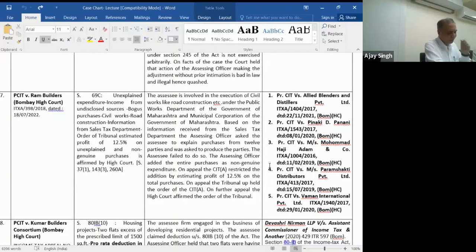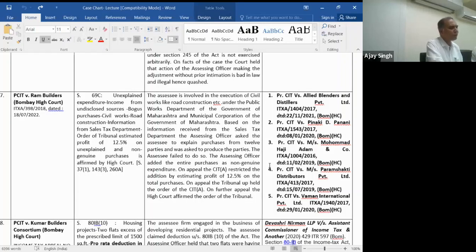This was a case of civil work undertaken for road construction by a civil contractor, work mostly done for the government, and based on information from the sales tax department, the case was selected. The assessee had given all the details and explained how the work is done and the nature of work involved.